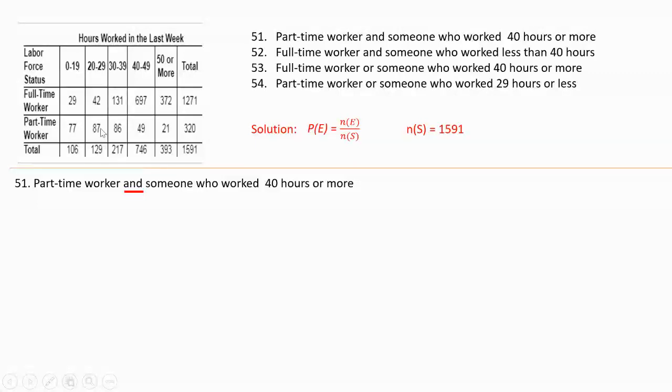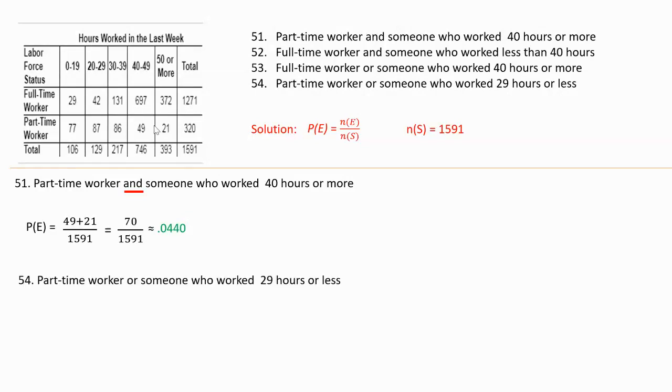So part-time worker and 40 hours or more will give us these two here, because these two work 40 hours or more. So 49 plus 21, we add them up, it's going to give us 70 over the sample space, approximately 0.0440.